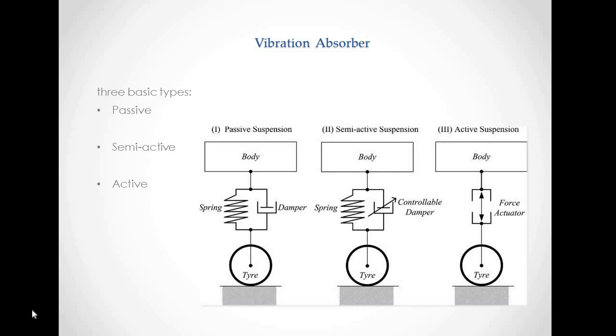There are 3 basic types of vibration absorber system. As you see, passive system, semi-active system, and active system. Mostly, the passive method consists of a spring and damper, which help to reduce the vibration.